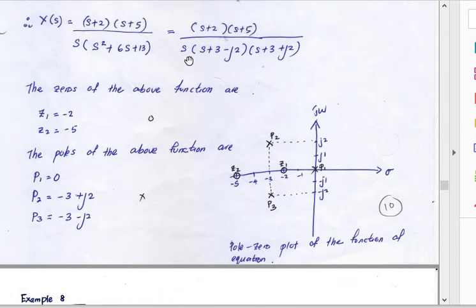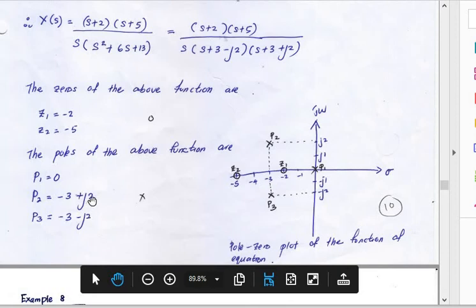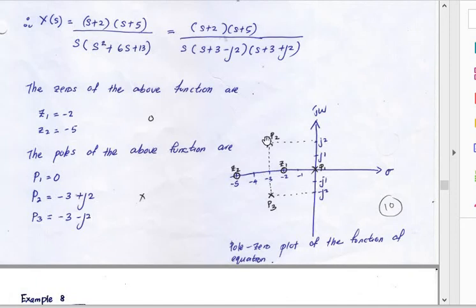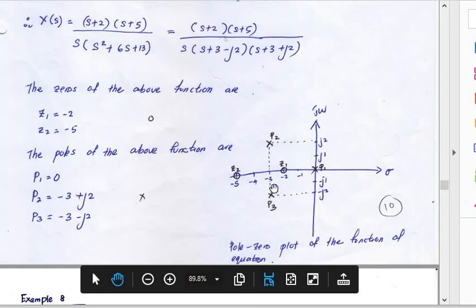For the poles, P1 is at s equal to 0. Then P2 is s equal to negative 3 plus 2j, with a cross. And P3 is s equal to negative 3 minus 2j, also with a cross symbol.